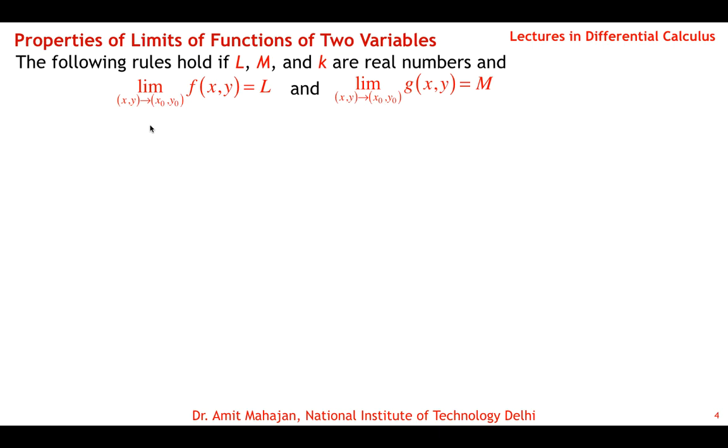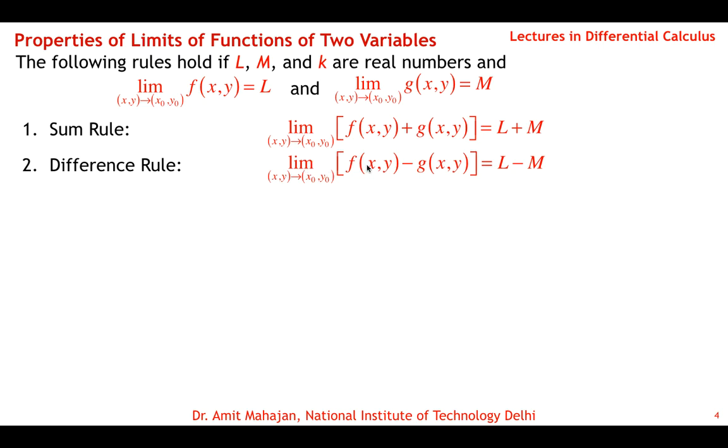These we already did for a single variable. The first rule is the sum rule. If you know that the limit of f is L and the limit of g is M as xy approaches x naught y naught, then the limit of their sum is simply L plus M. Similarly, we did other rules like the difference rule: if you know the limits of the individual functions as L and M, then the limit of their difference is L minus M.